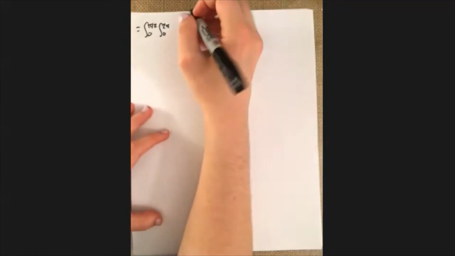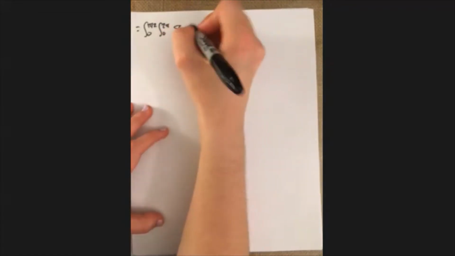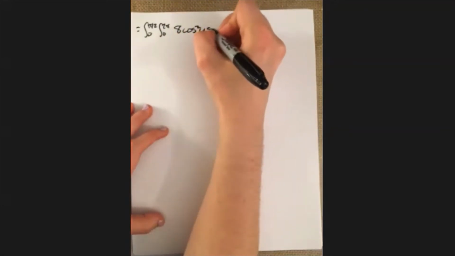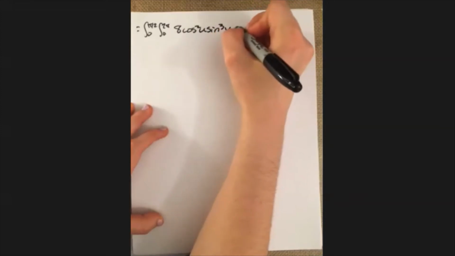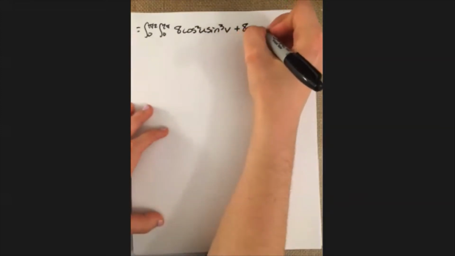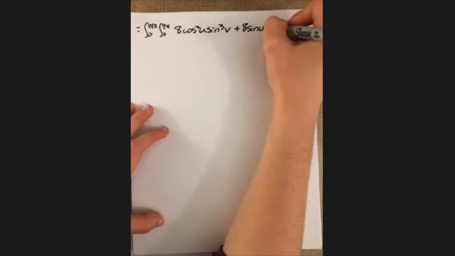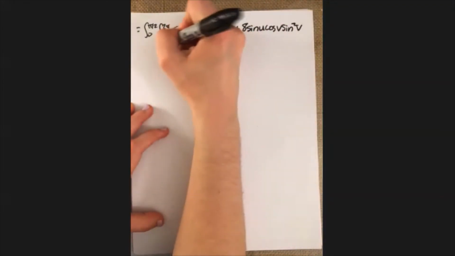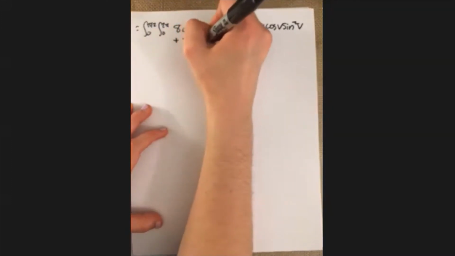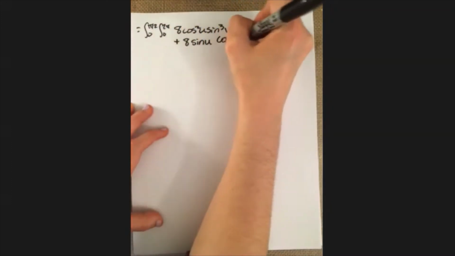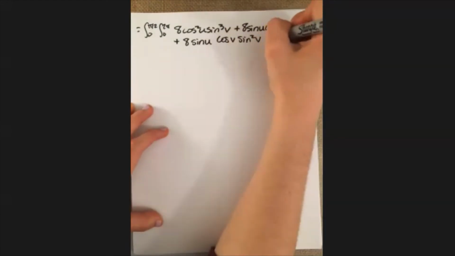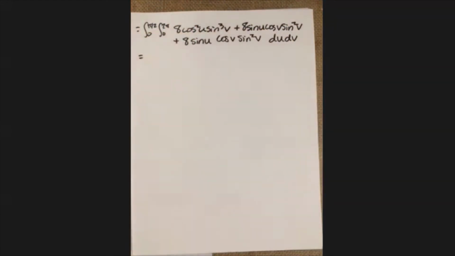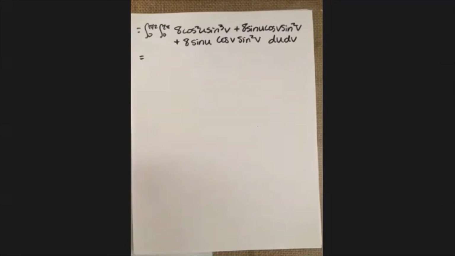I've got that we get 8 cosine squared u sine cubed v plus 8 sine u cosine v sine squared v, and then plus 8 sine u cosine v sine squared v, du dv. That's quite a bit, but we are going to find that it all simplifies down quite a lot.